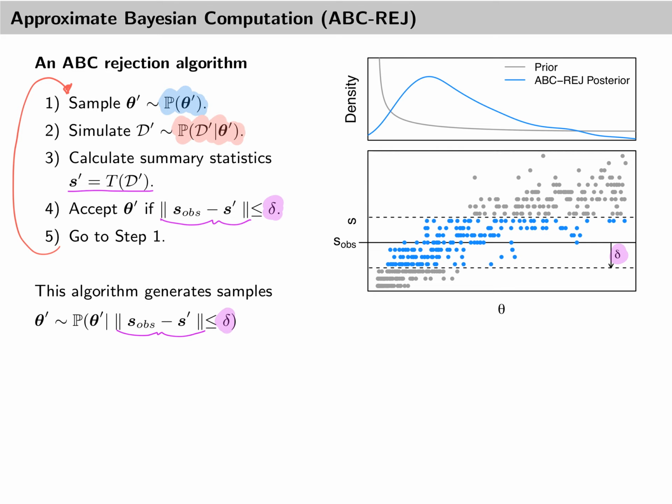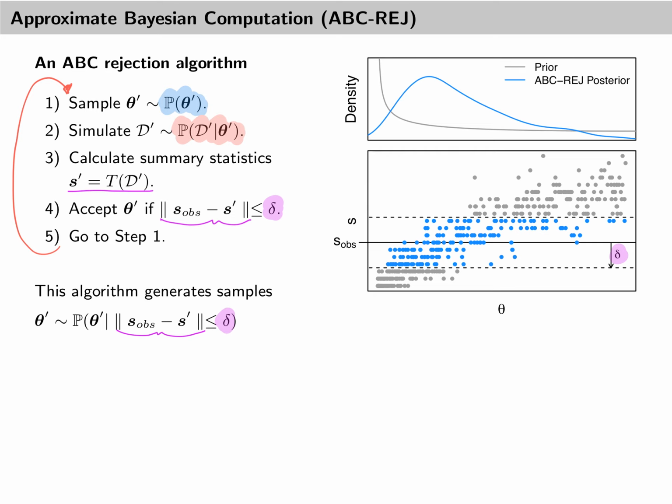That is, we don't sample from the posterior distribution of the parameter vector given the full data, but the parameter vector given some set of summary statistics. The second approximation is that we accept simulations that are close to S observed, not requiring an exact match. So we're not sampling from the posterior distribution of θ given S observed, but of θ given that S is close to S observed.